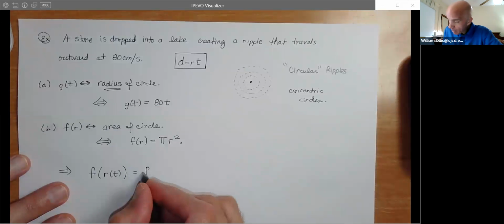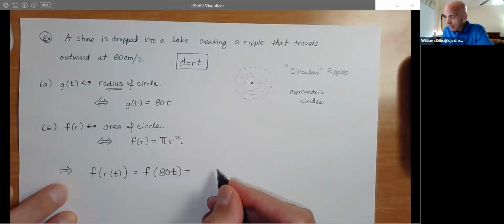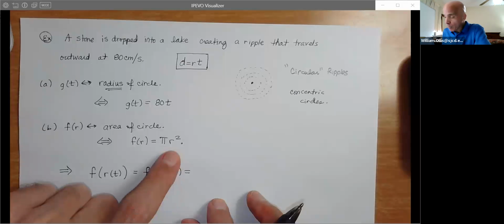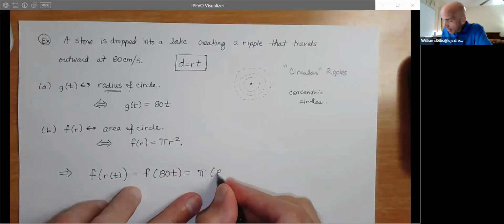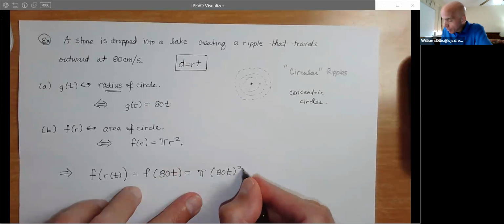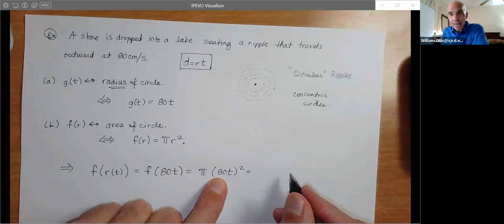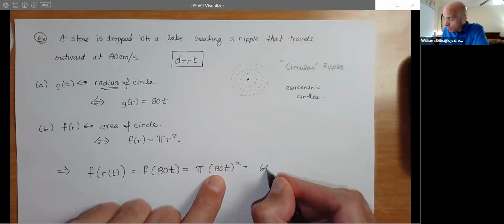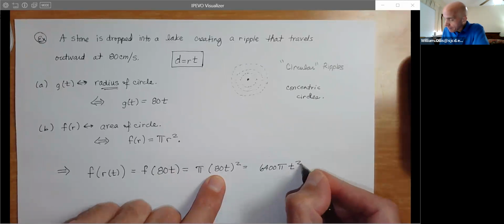So this will be f of 80t. And now in our formula for f, all occurrences of r are replaced with 80t. So we get pi times 80t quantity squared. So that'll give us what? 80 times 80. 8 times 8 is 64, add 2 zeros. So that gives us 6400 pi t squared.